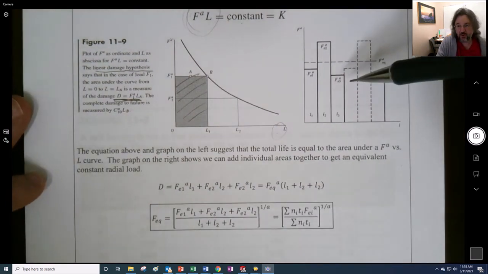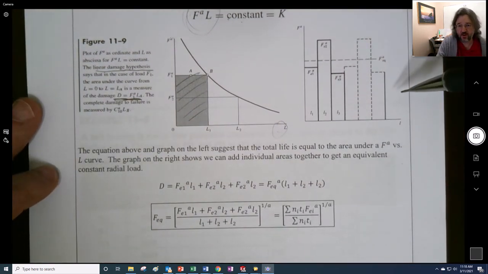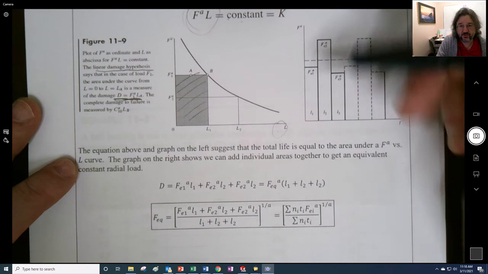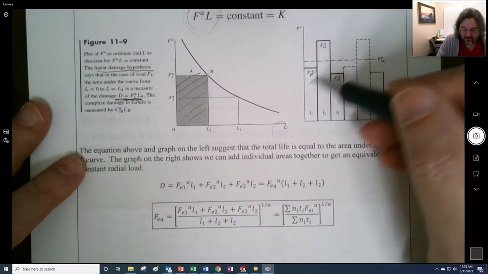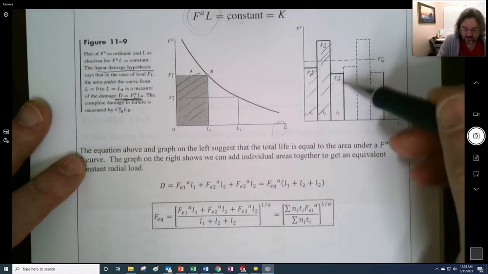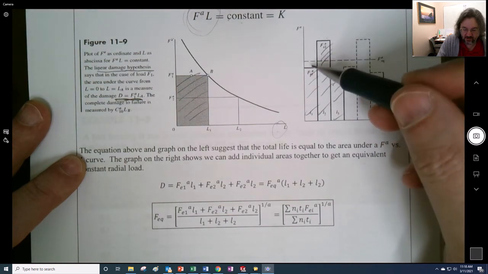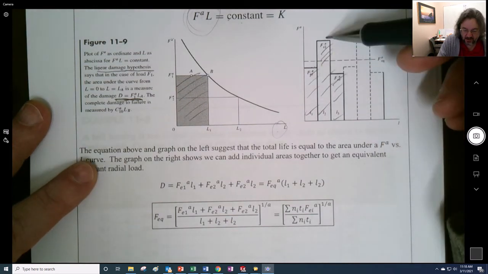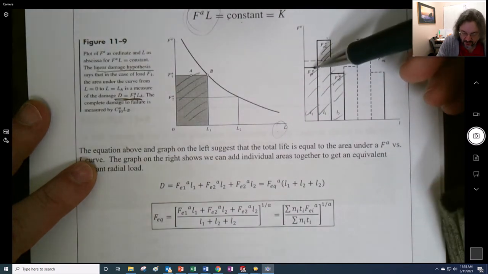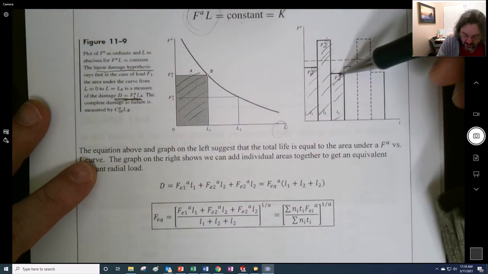So if we want to have an equivalent amount of force, what we do is, if we have a whole bunch of different events taking place, like let's say this is the cycle of things that are happening right here. It's getting loads. This load is this much of a load and this much of a load. You notice they're all raised to the A as part of that.